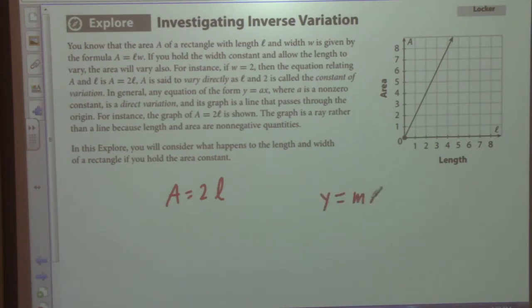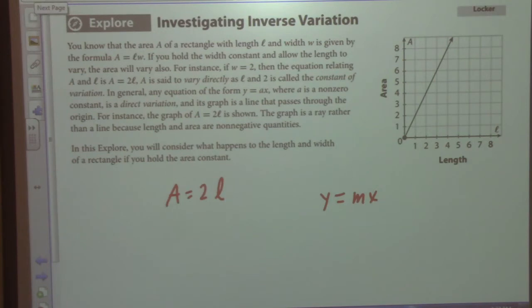Mx plus b, right? What does it take to make this equation a direct variation equation? One thing. Yeah, so b has to equal 0. So if we just go ahead and make this 0, now we have a direct variation situation. So that's all it is, right?